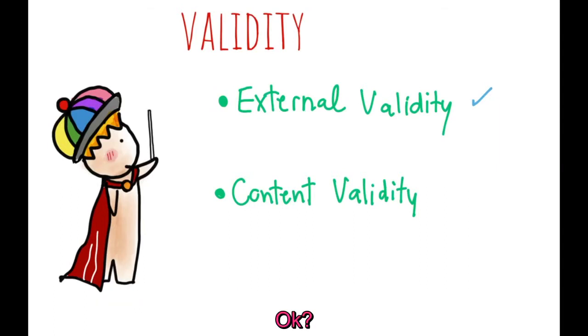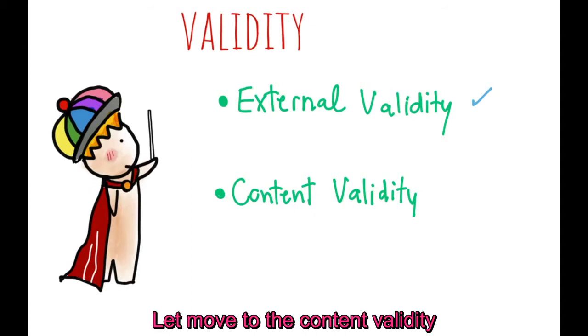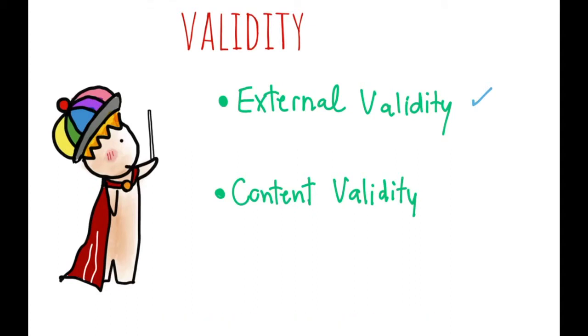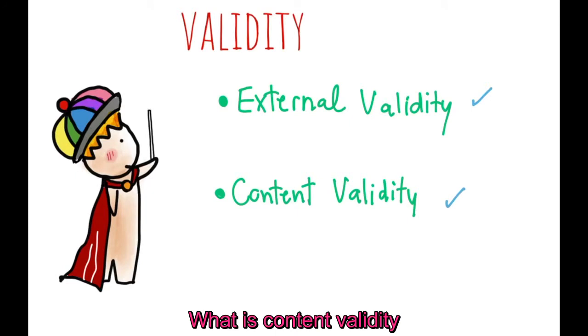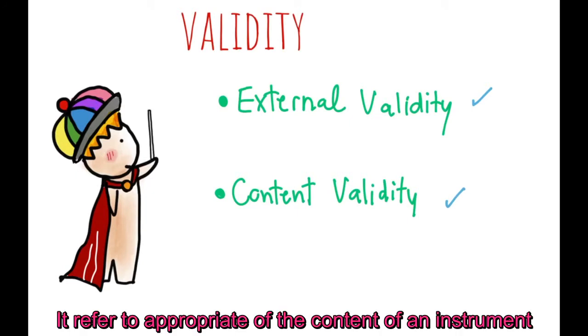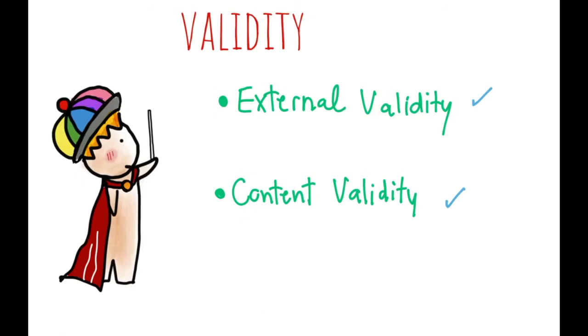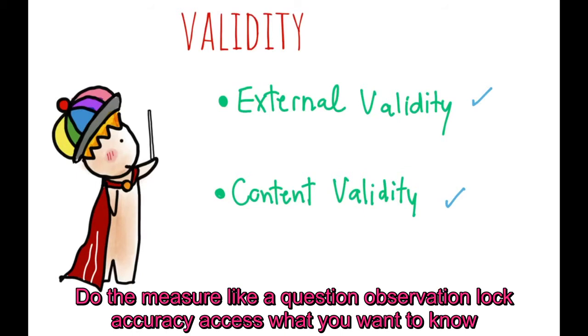Okay? Next, let's move to content validity. What is content validity? It refers to the appropriateness of the content of an instrument. In other words, do the measures, like questions and observation logs, accurately assess what you want to know?